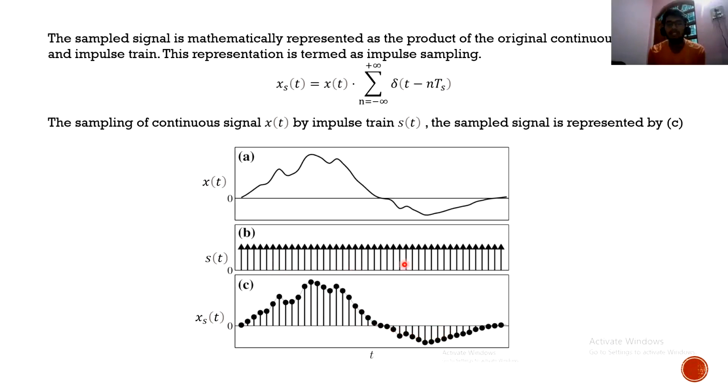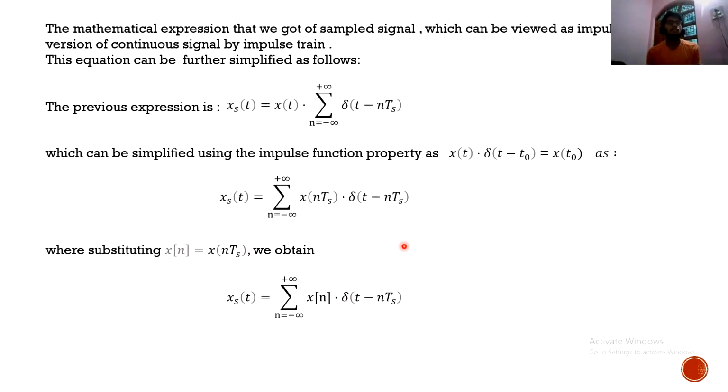Now we can also elaborate that the sampled signal can be viewed as an impulse shifted version of the continuous time signal at a particular interval Ts. This equation can further be elaborated by considering the impulse function property, this one.